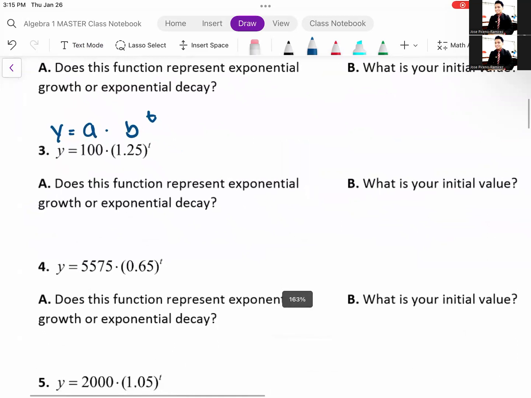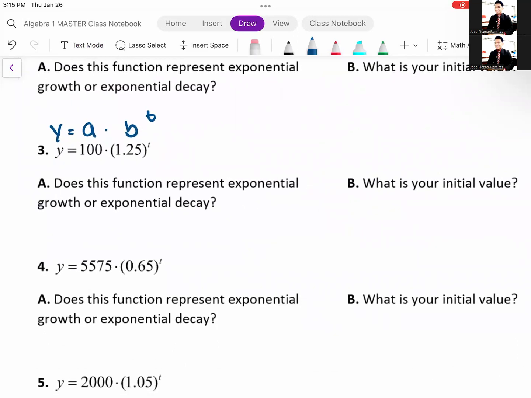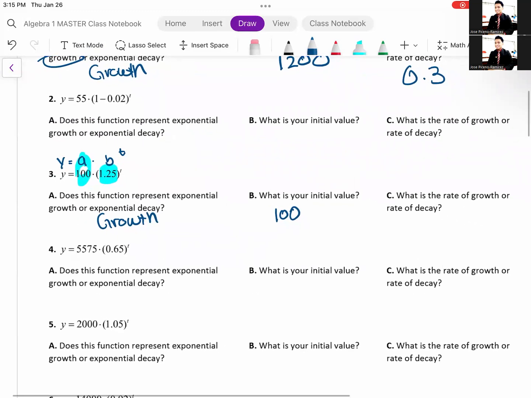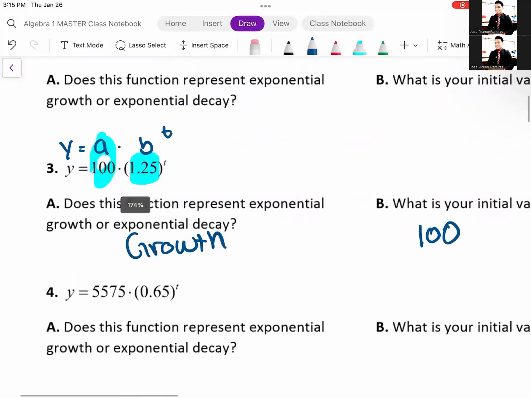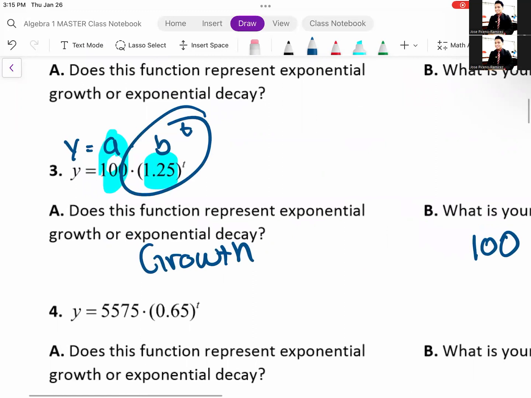Well, let's go ahead and answer the questions that we can. Does this function represent exponential growth or decay? Well, we can clearly see that b is larger than 1, which means we have growth. For letter B, what is our initial value? We can clearly see that A is 100, so we know that it's 100. But now, how do we figure out the exponential rate? Notice that I don't have an r per se. So how do you find it?